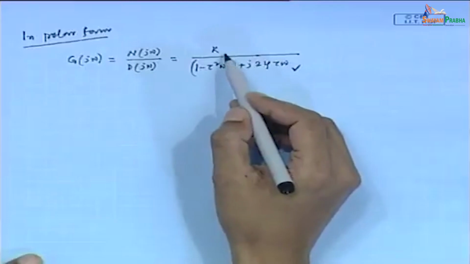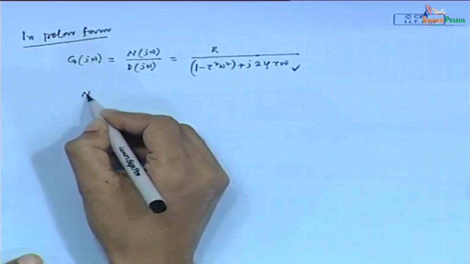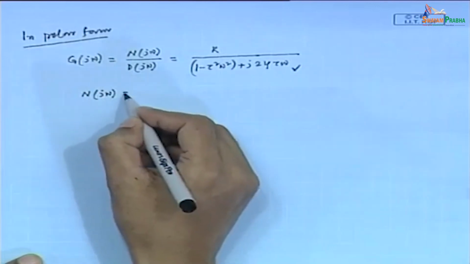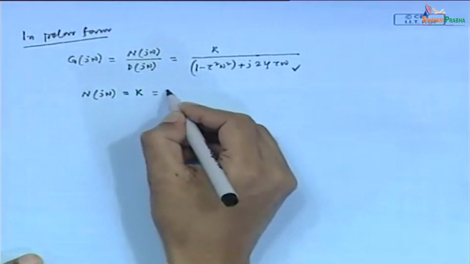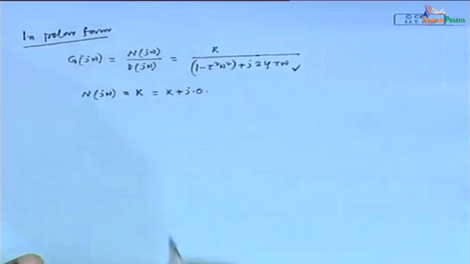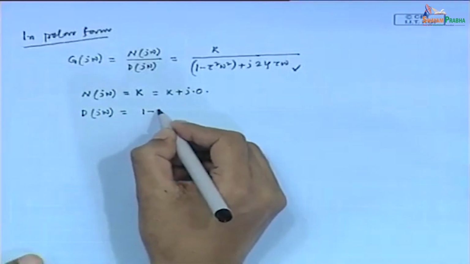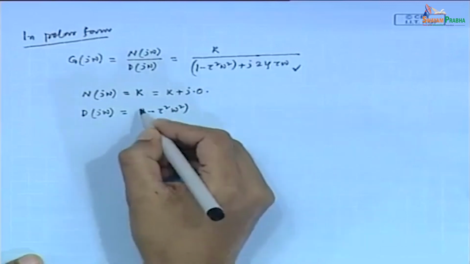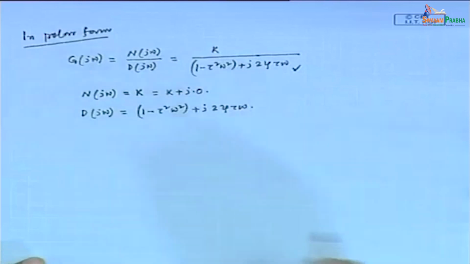Now, if this is the ratio of numerator term divided by denominator term, then obviously the numerator term is equal to k. So, we can write this as k plus j 0. Similarly, the denominator term we can write as 1 minus tau square omega square plus j 2 zeta tau omega.